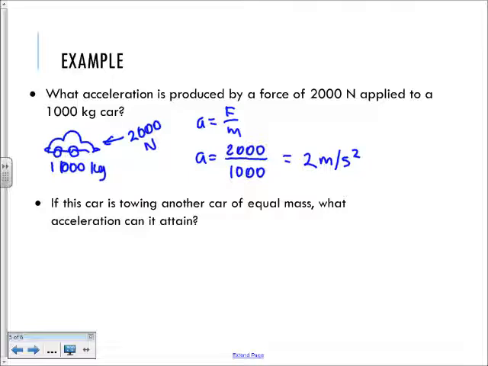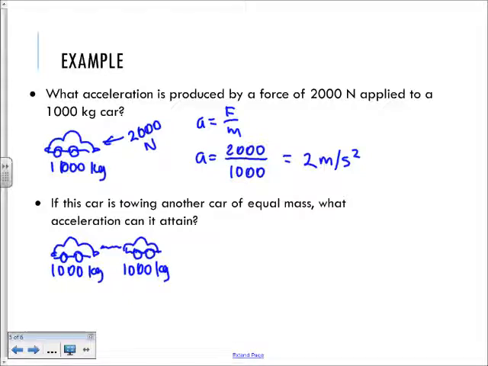The second example says, if this car is towing another car of equal mass, what acceleration can it attain? So if we draw another diagram of a car towing a car, so now we have 1,000 kilograms here and 1,000 kilograms here.